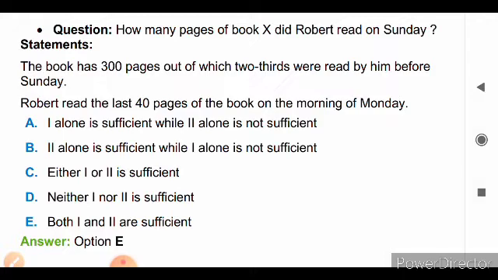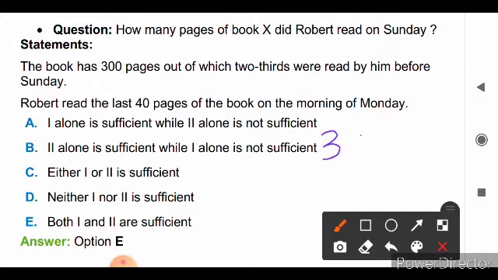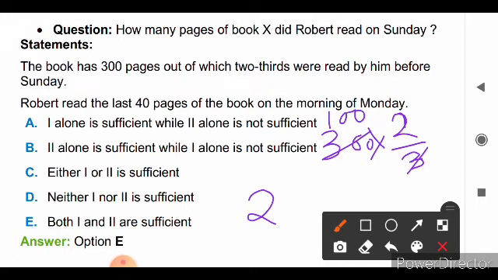And statement 2 is Robert read the last 40 pages of the book on the morning of Monday. So with statement 1 we get Robert read two-thirds of 300 pages before Sunday. So here it will be 300 multiplied by two-thirds, which is 200. So Robert read 200 pages before Sunday.